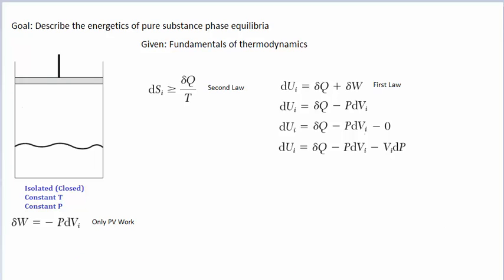So you're assuming that you're in thermal equilibrium as far as temperature goes, and you're assuming that you are in equilibrium in regards to the mechanical things, so constant pressure. That means that our differentials in regards to P will be 0. That's why this is equivalent to this. They're both 0. And that's why our differentials in regards to temperature will also be 0. And you'll see that in a bit.